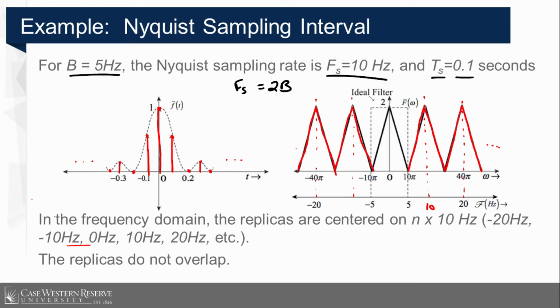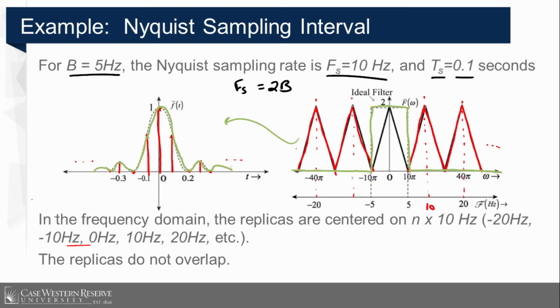And because our sampling frequency is exactly equal to 2 times the bandwidth, we don't have any overlaps. And as we've seen before, this means that if we can apply an ideal filter at exactly the bandwidth of our spectrum, we could filter out all of the rest of those replicas, and that would enable us to reconstruct exactly this continuous time signal here, which I'm drawing in green.